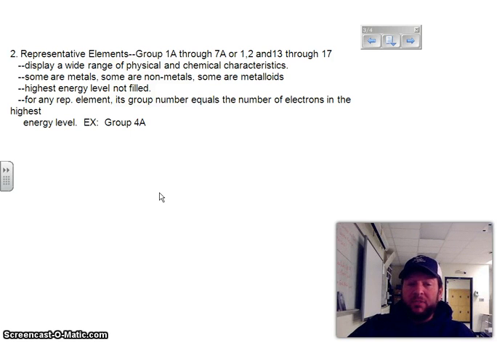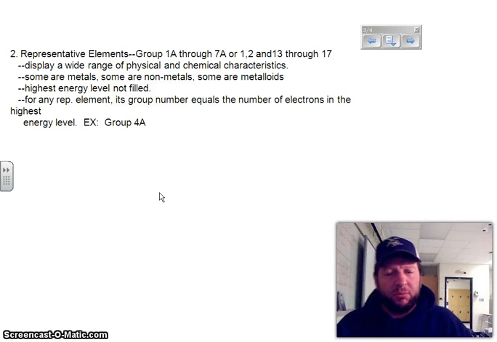Some of them are metals, some are nonmetals, and some are metalloids. Their highest energy level is not filled. Unlike noble gases, which have a total of 8, representative elements will only have 1, 2, 3, all the way up to 7, and they are not full, therefore they will react.